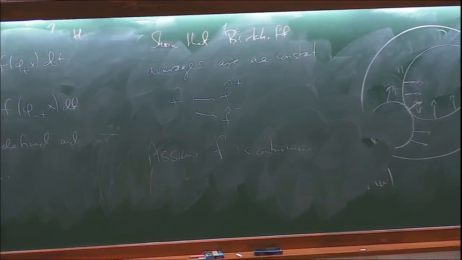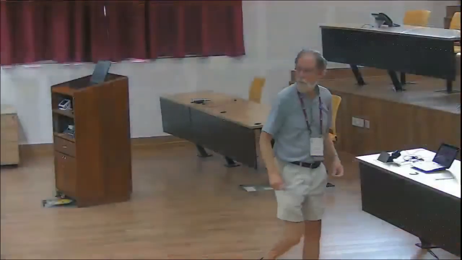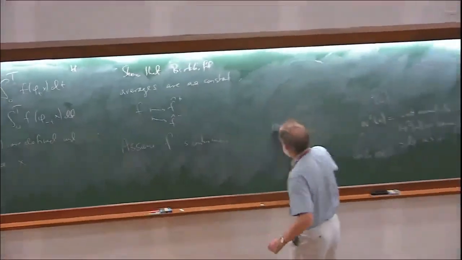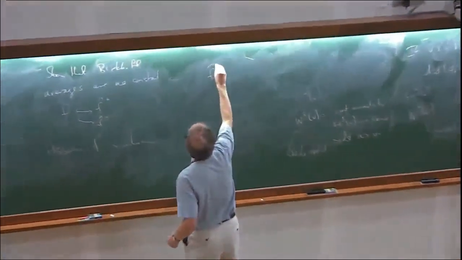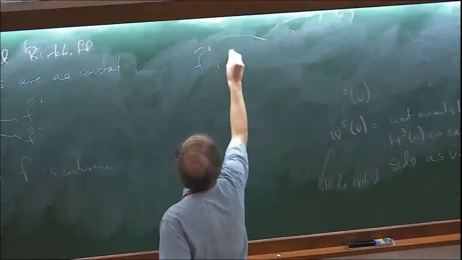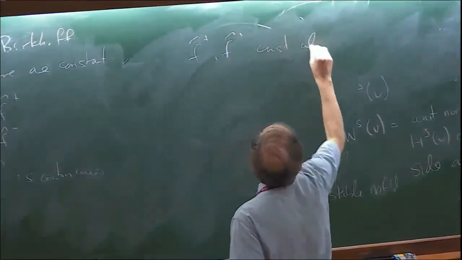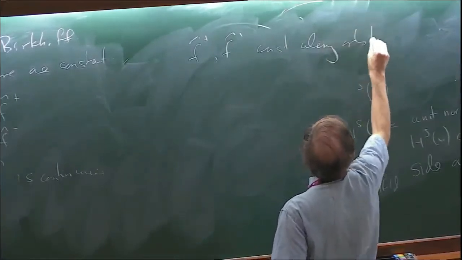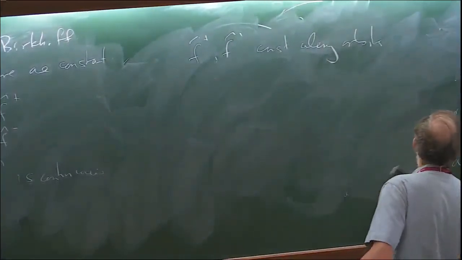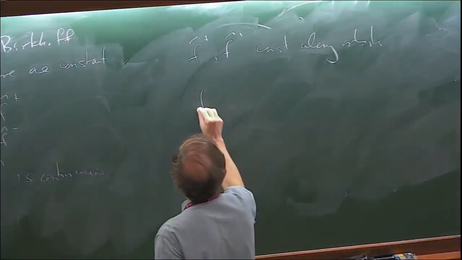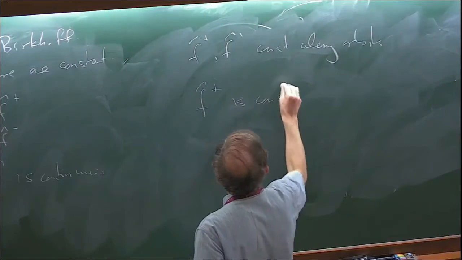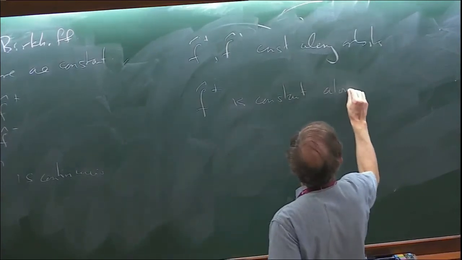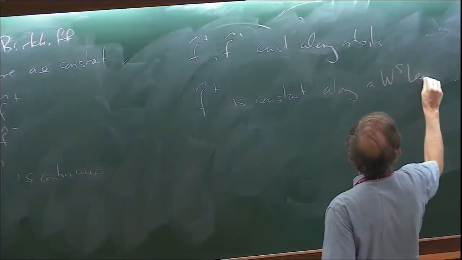Okay, now we go through the 3 types of foliation. Well, along an orbit, everything in sight is going to be constant. So along the orbit, it's clear that f hat plus and f hat minus are constant along orbits. That's easy to see. It's also very easy to see that f hat plus is constant along a WS leaf.